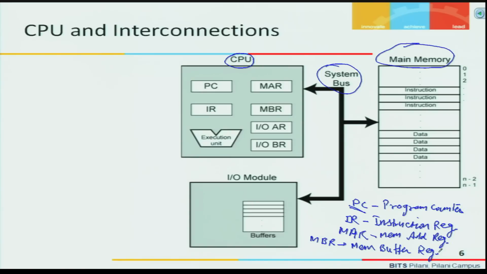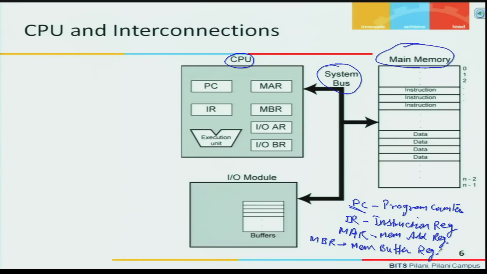The address is stored in MAR, and then the contents of the location specified by MAR are read by the appropriate module, and after reading are put into the MBR, which is a buffer register.